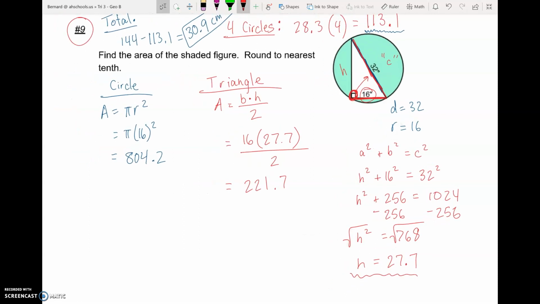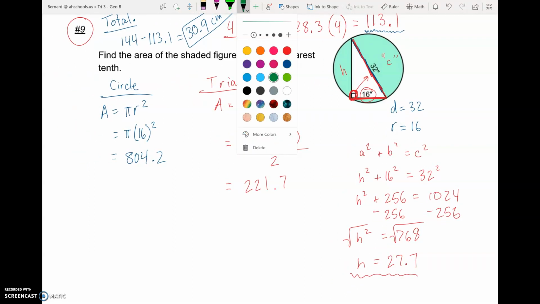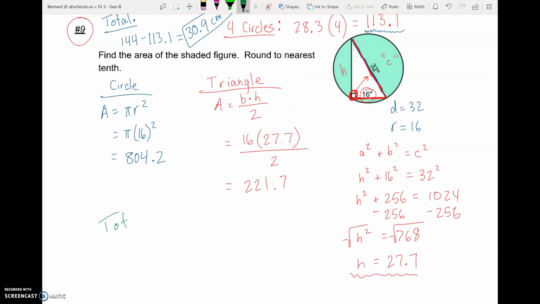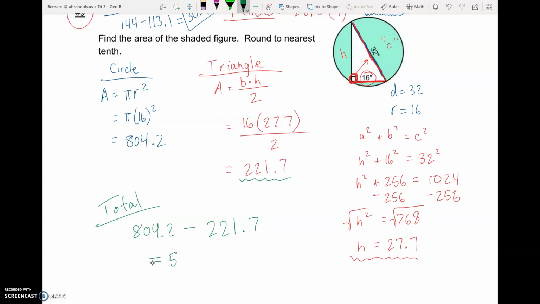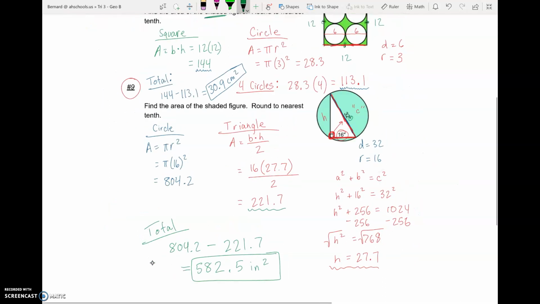And so our final answer will be our circle, which is 804.2, minus the triangle, which is 221.7. And when we do that, it looks like that equals roughly 582.5. And now we know the quotations mean inches, so this would be inches squared, and there is our final answer.